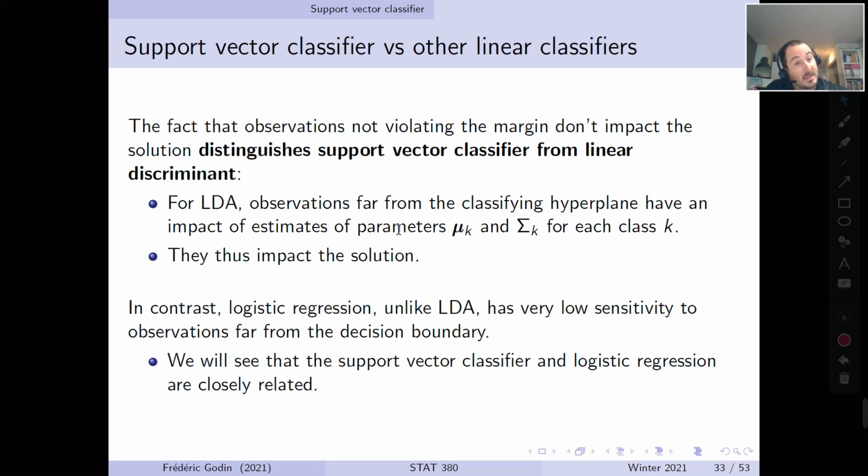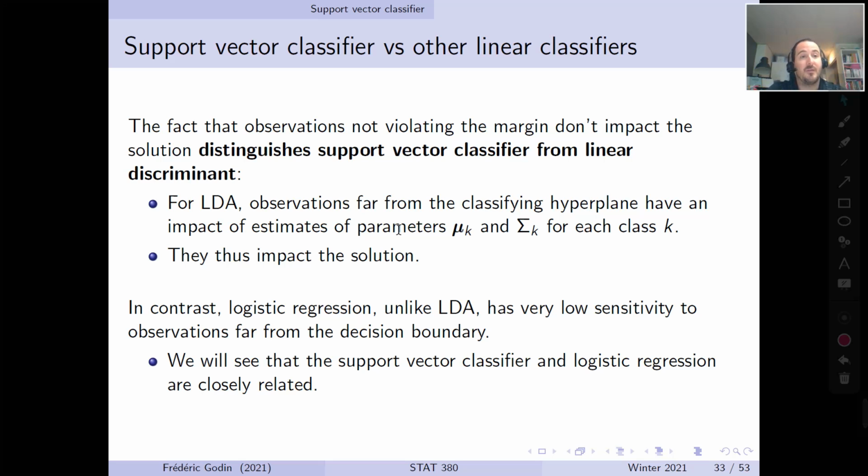Okay, so let's say we consider linear discriminant and support vector classifier. Both methods use a linear decision boundary.